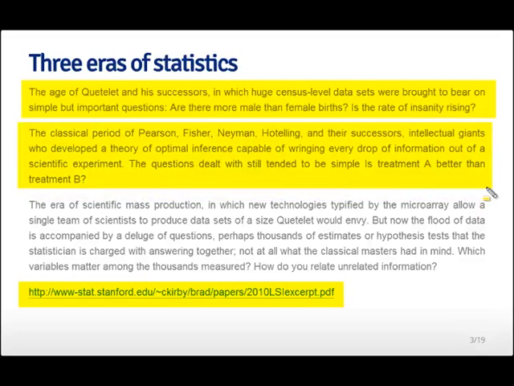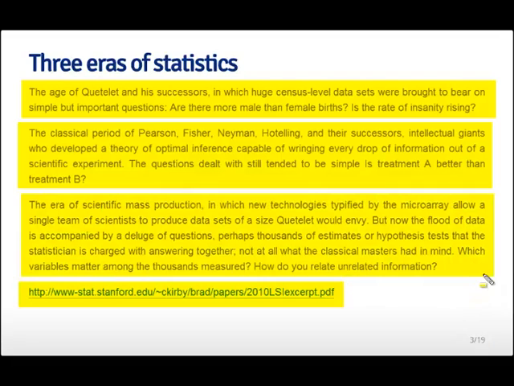This is back when data was very expensive or difficult to collect. The third era, the era that we're in now, is the era of scientific mass production, when data is cheap and easy to collect. But this also means that we're performing more and more analyses. And if we don't correct for the fact that all of these analyses are performed and we're allowing for a small amount of error in each analysis, those errors can pile up.